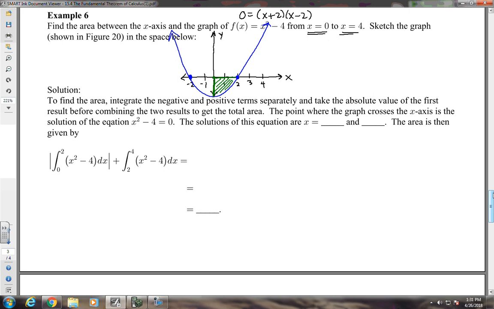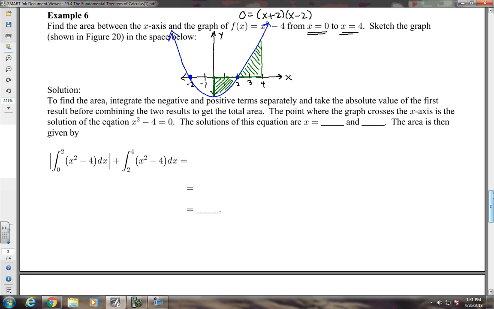Notice I get this region right here, but if I go all the way to x equals 4, then I have some of my area above the x-axis, some of my area below the x-axis. So remember, area below turns out to give us a negative value for our integral. Area above the x-axis gives us positive area. So what we're going to have to do to calculate the total area is to break it up into two integrals.